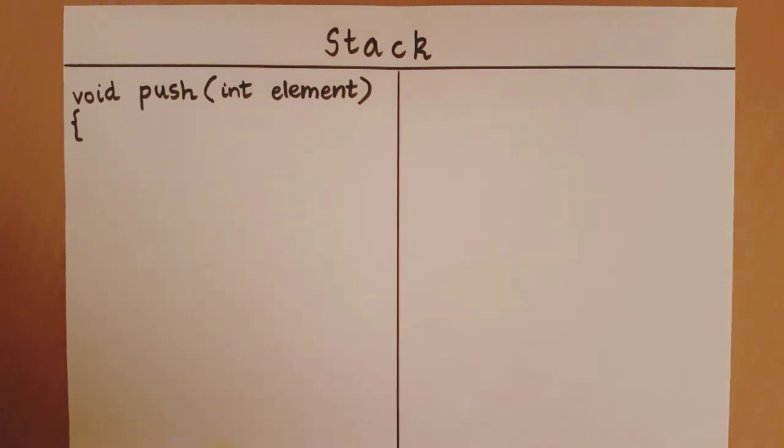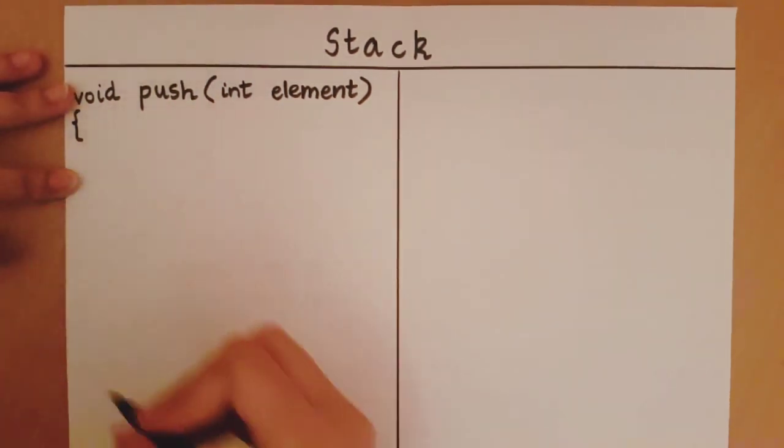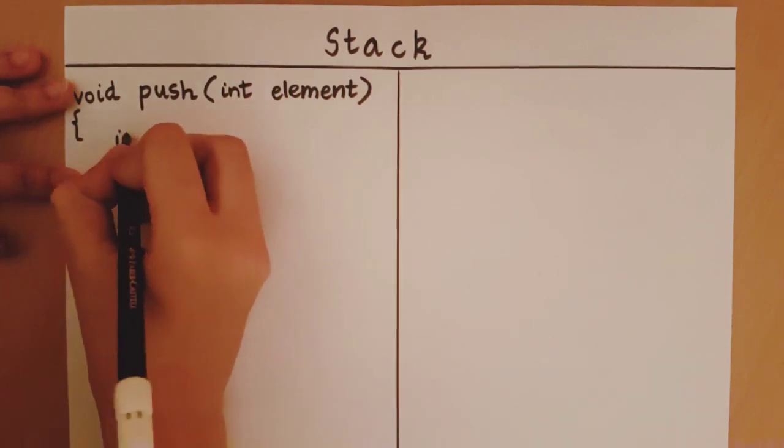So when is the stack set to be full? The stack is set to be full when the top reaches the end of the stack. So let's see how we are going to write that condition.